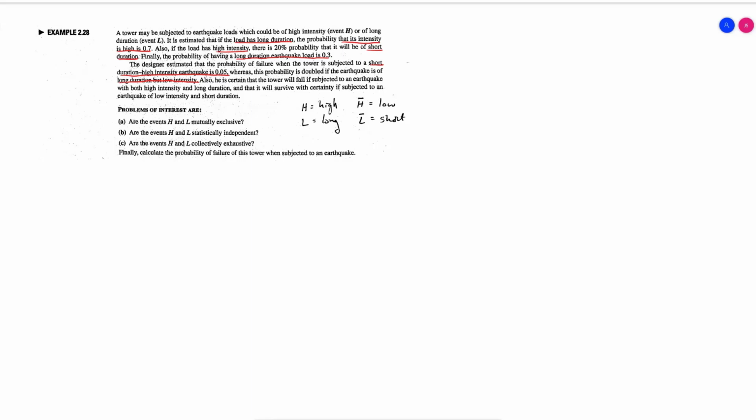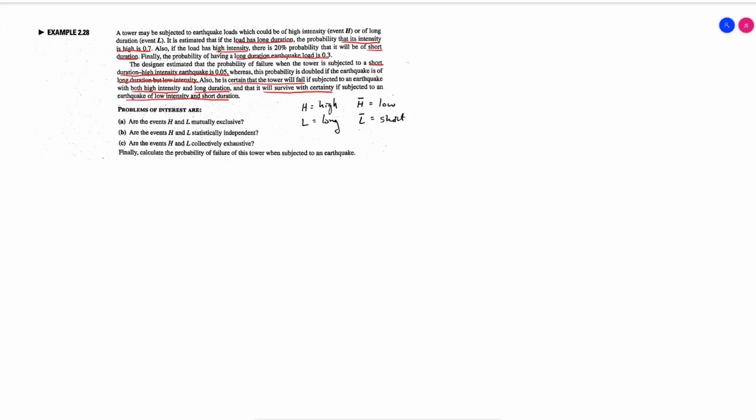Also, they are certain that the tower will fail if subjected to an earthquake of both high intensity and long duration. And that it will not fail, or survive with certainty, if it's subjected to a low intensity and short duration. Okay, so a lot of values here, we'll write them all out.